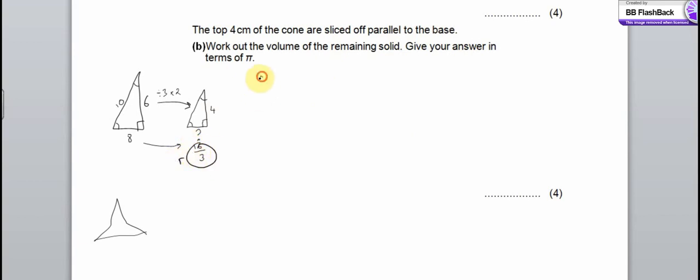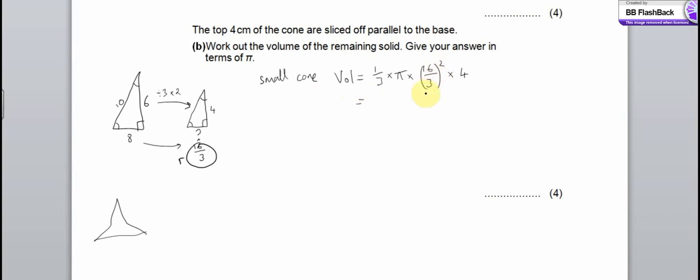So the small cone volume is 1/3 times pi times 16/3 squared times h, and the small cone is 4 high.